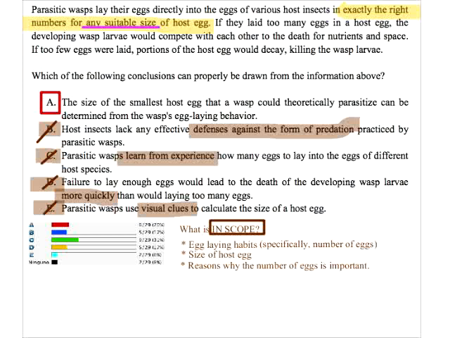So in other words, what the passage is saying is that you have some sort of perfect correlation between egg number and host egg size. So you just have to watch the behavior of the insect and just see where that is going to go to 0. And then you won't be able to parasitize anything smaller than that.